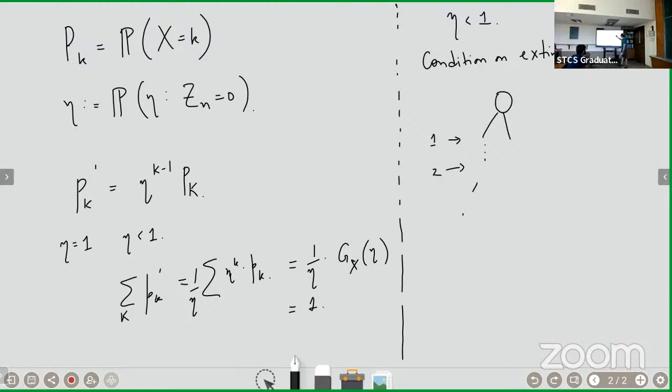What do you think is now the new distribution of the number of progeny being generated? It will remain the same. That much you can convince yourself. Because each particle is identically distributed as before.